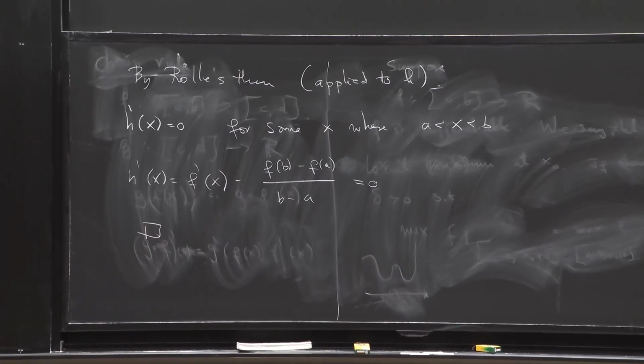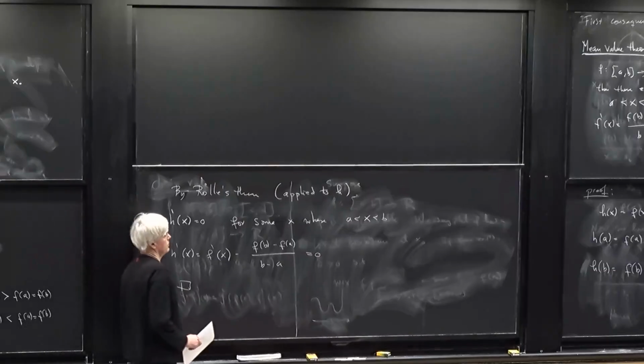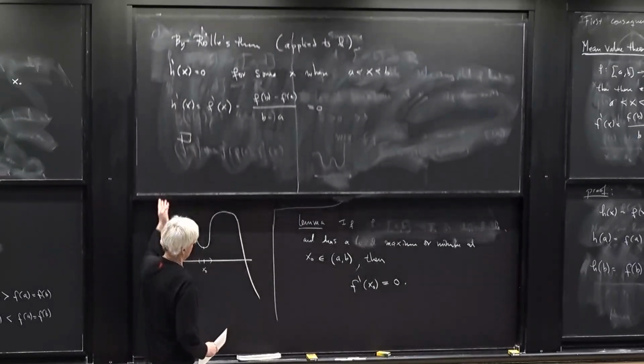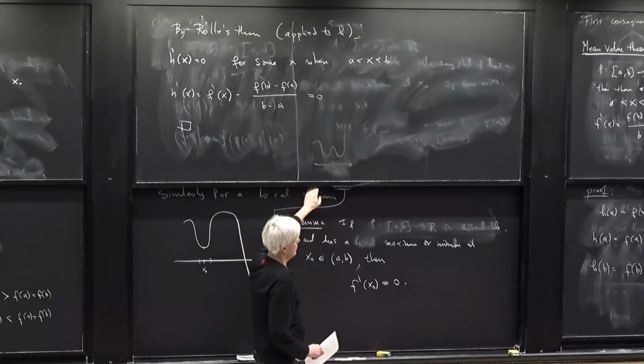Okay. There's a second mean value theorem, and the second one is the Cauchy mean value theorem. This is a little more fancy.